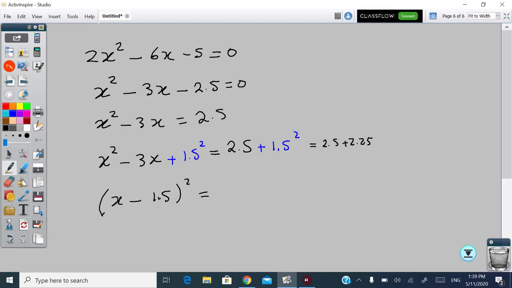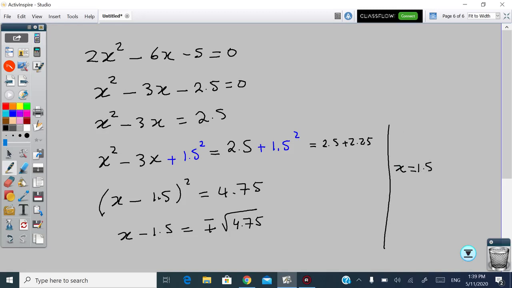So this constant is equal to 4.75. Taking the square roots gives you x minus 1.5 equals plus or minus root 4.75, and finally x is equal to 1.5 plus or minus root 4.75.